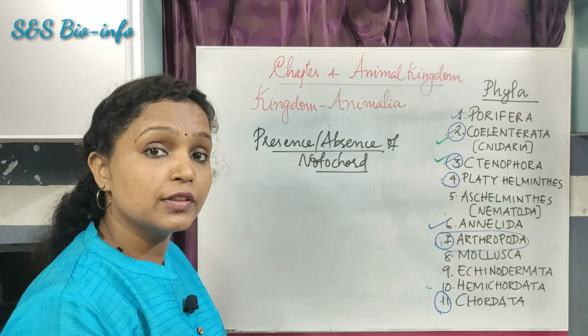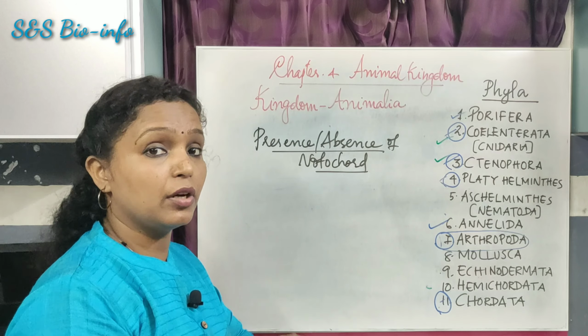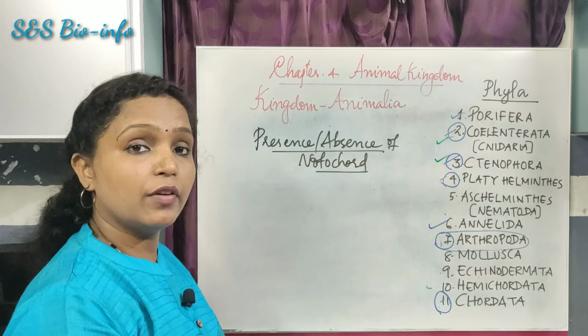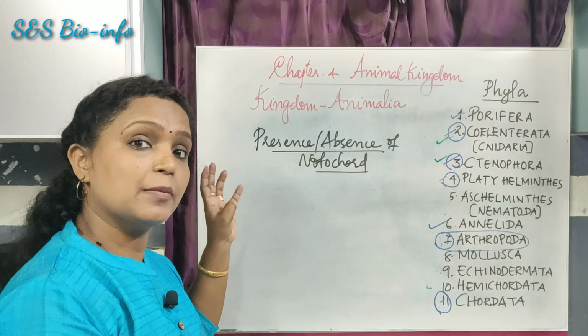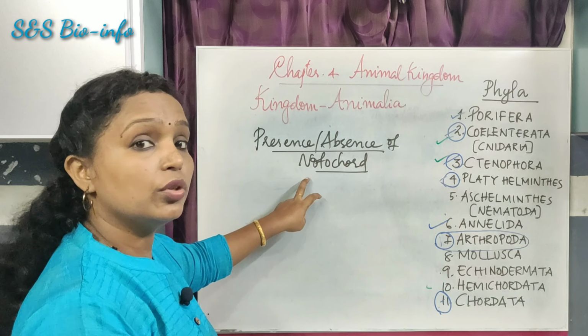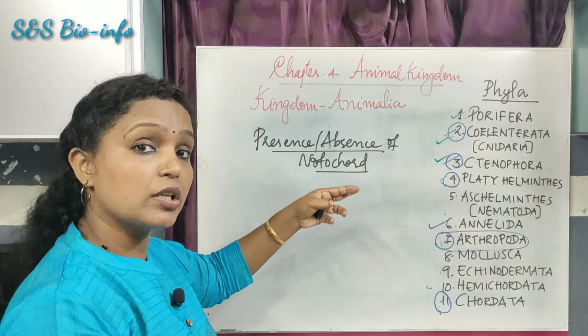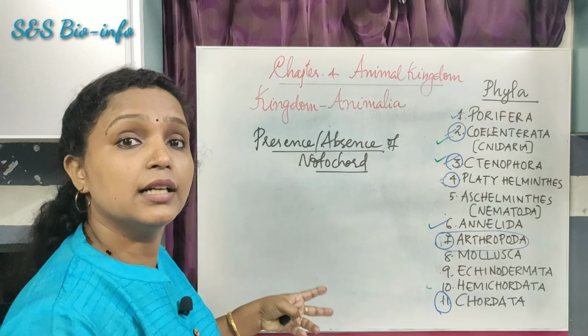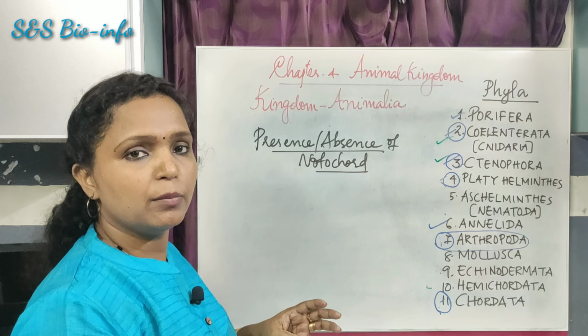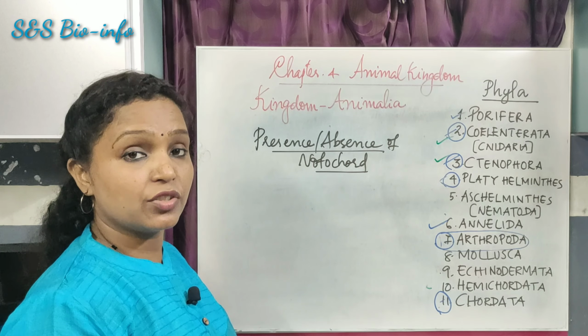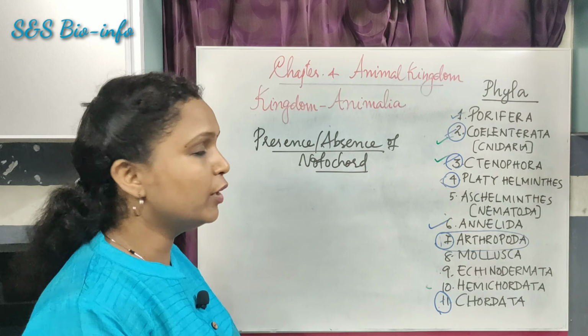Mesoderm is one of the germ layers or embryonic layers of the dividing zygote. Okay, so it's a rod-like structure. It supports the body. The notochord lies in between the dorsal hollow nerve cord and the gut or the alimentary canal. So it supports the body of the animals. It gives structure to the body and it helps in movement too.